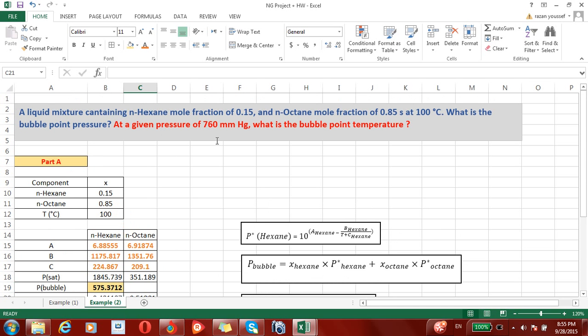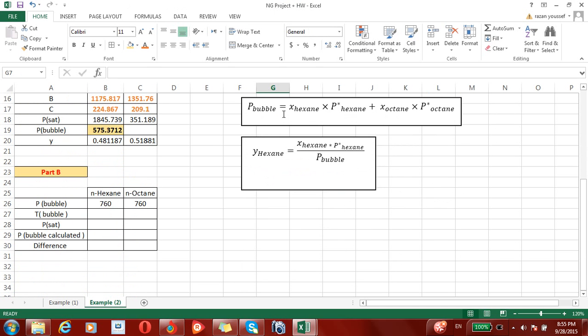Now for part B, at a given pressure of 760 millimeters of mercury, what is the bubble point temperature? So similar to the last example, we need to assume a number here, then calculate the difference, and then use Solver to get the right value, because Solver does the trial and error for you.